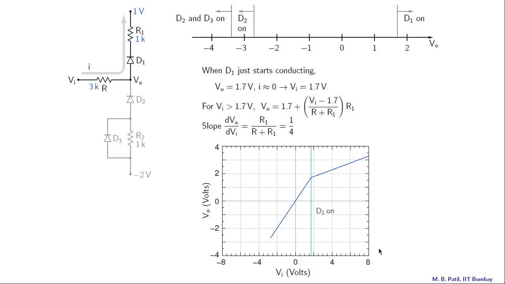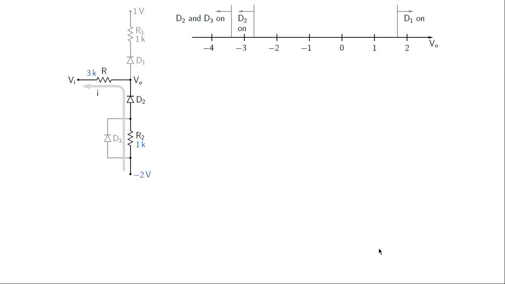Okay, let us proceed now with the next situation, that is D2 conducting but D3 not yet conducting. And in that situation the current path is like this. Diodes D1 and D3 are not conducting and therefore they are shown in gray.